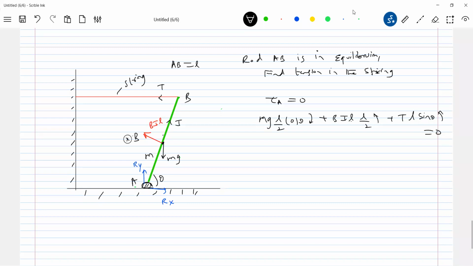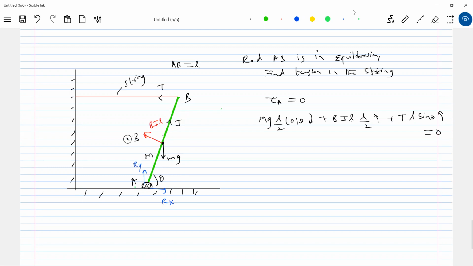All set equal to 0. Look at the arrows. About point A, mg sets up a clockwise torque, while BIL into L by 2 and the tension give anti-clockwise torque. The perpendicular distance for the tension is L sin theta, so the torque is L sin theta into T.